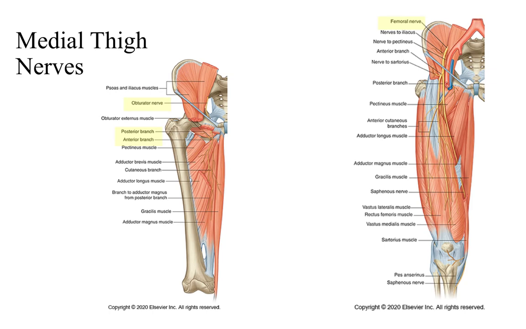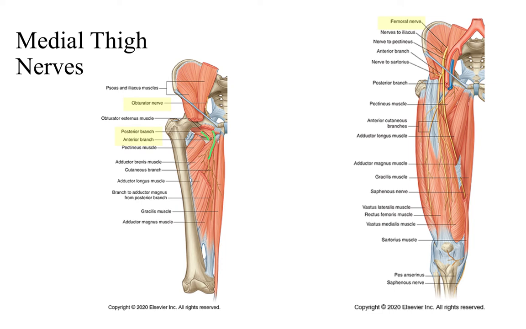All right, so in this slide we see the nerves and where they're coming from. So remember, the obturator nerve is coming from L2, L3, and L4 ventral rami, and then divides into our posterior branch right here and our anterior branch right here.